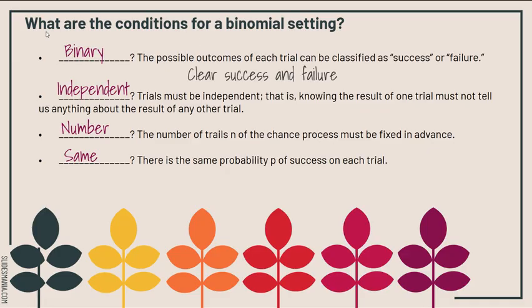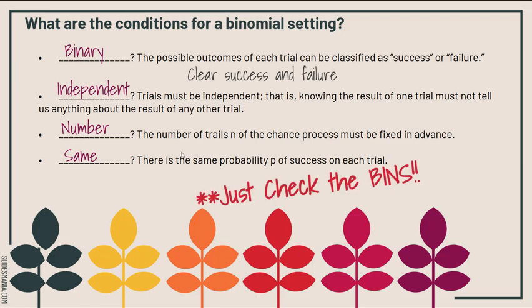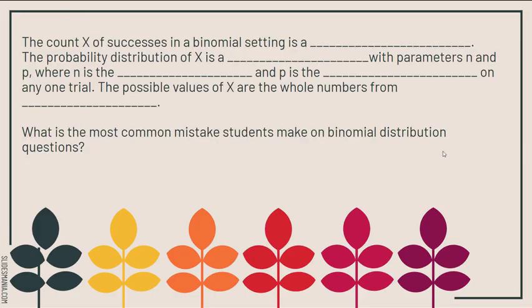Okay, so in order to check the conditions for binomial settings, you're going to check your BINS, B-I-N-S. So B for binary, success and failure, I for independent, N for fixed number of trials, and S for same probability for each trial. The count X of successes in a binomial setting is a binomial random variable.